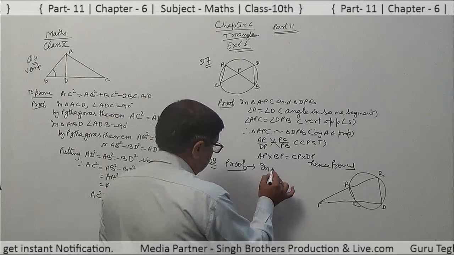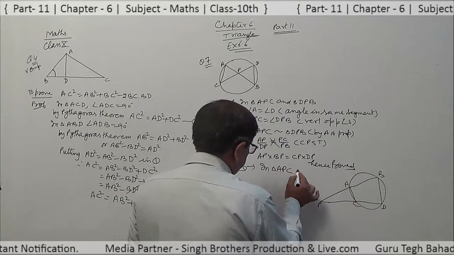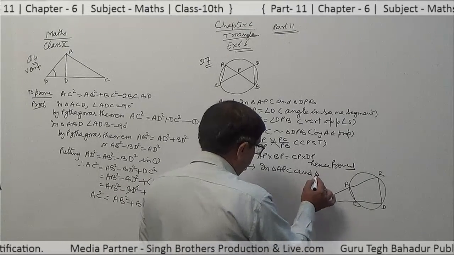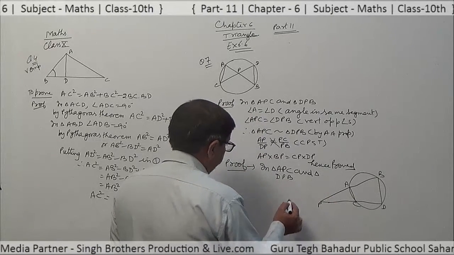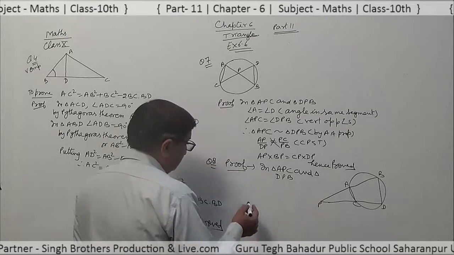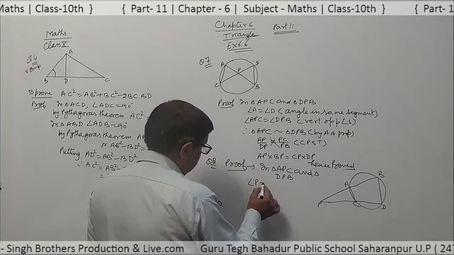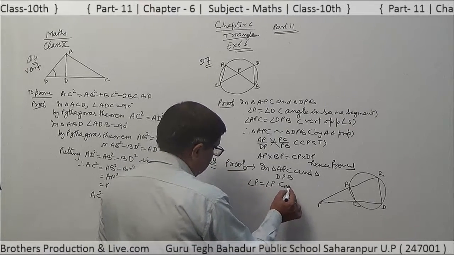In triangle APC and triangle DPB, angle P is common angle.